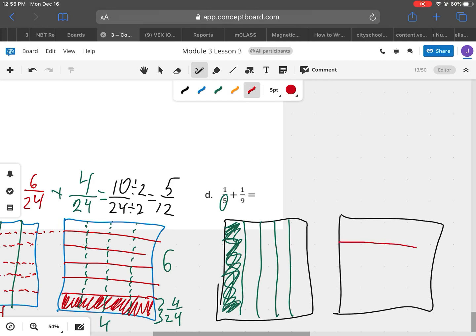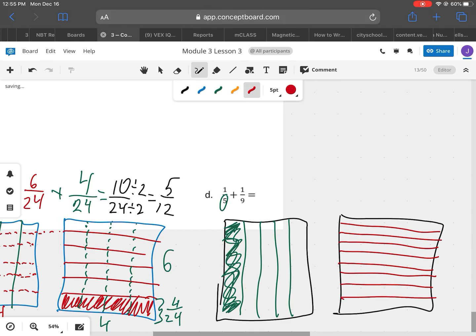On the second one, we're going to do ninths. Oh, this is going to be work. All right, and I'm going to shade in one section. Okay, I did 9. So now I'm going to do 9 over here.